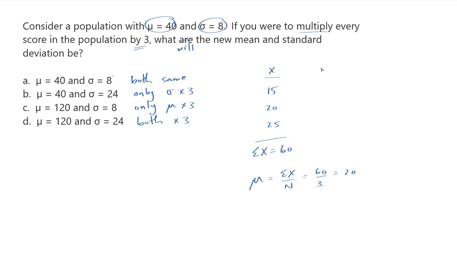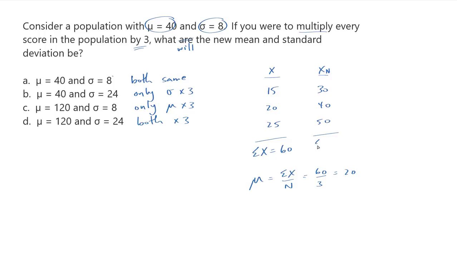Now, I'll call this subscript n, my new x. Let's say I double everybody's money. The company's doing really well, so I'm going to double everybody's hourly wage. So 15 becomes 30, 20 becomes 40, and 25 becomes 50.